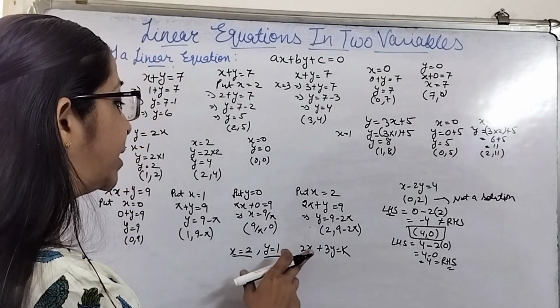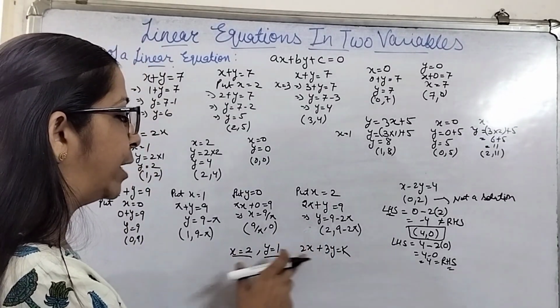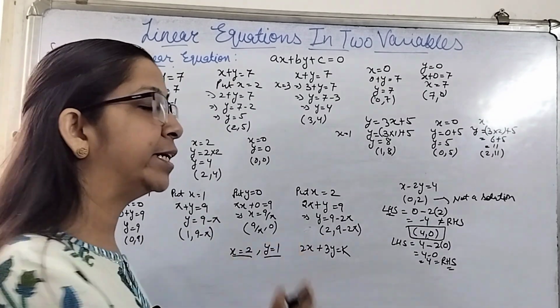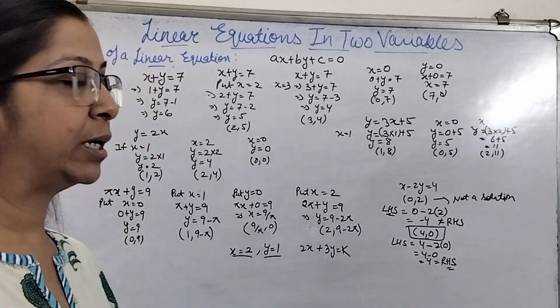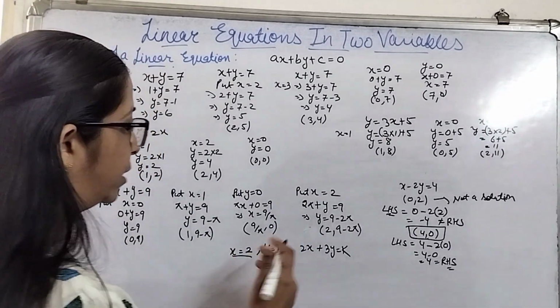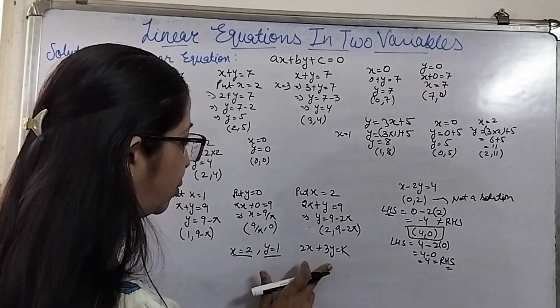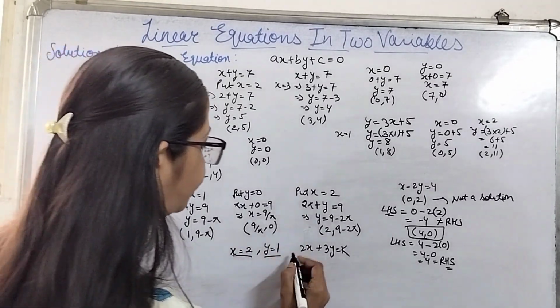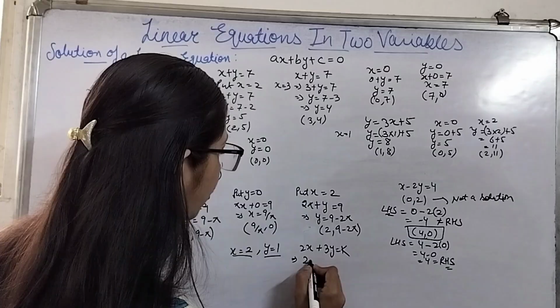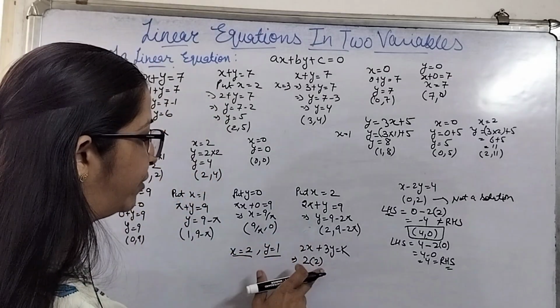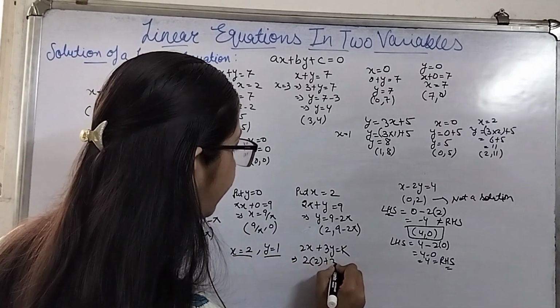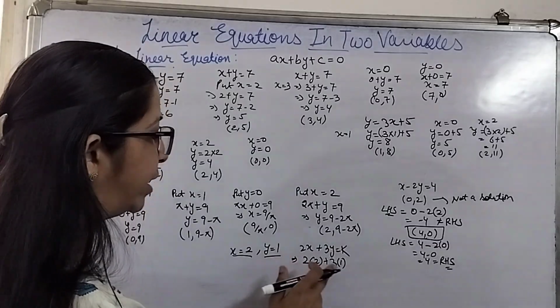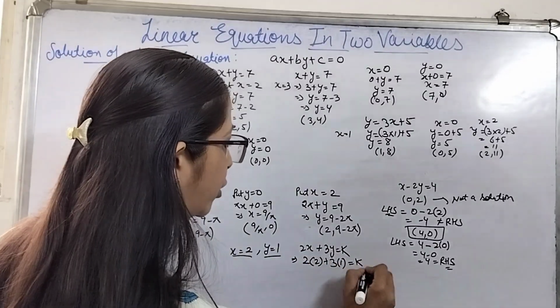That means if we replace x by 2 and y by 1, it will satisfy the equation, and the LHS will become equal to the RHS. So put x equals 2 and y equals 1: 2 multiplied by 2 plus 3 multiplied by 1 equals k.